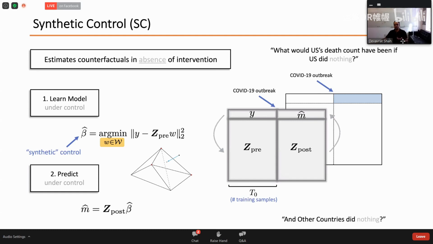The W, or model, that we have learned is like, if let's say this beta has two coordinates, one is 0.7 and another is 0.3, it says that United States is 70% like country 1 and 30% like country 2. So it's a nice interpretation that way. And once you have that, then you can do this extrapolation.